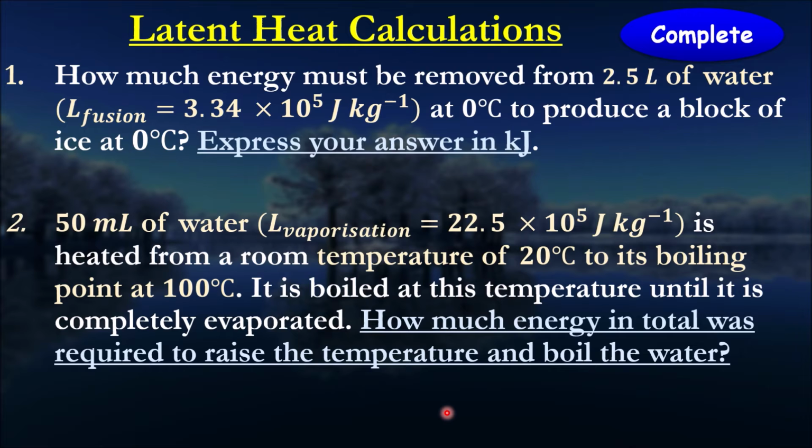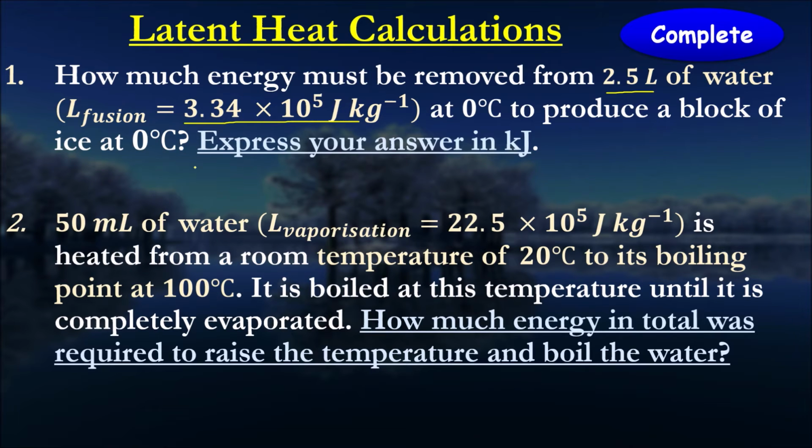Question 1: how much energy must be removed from water, which has a mass of 2.5 kilograms, when there is a latent heat of fusion at 0 degrees, to produce a block of ice at 0 degrees Celsius?